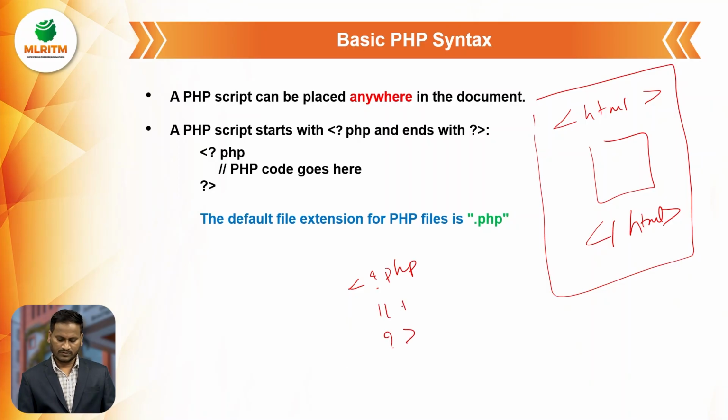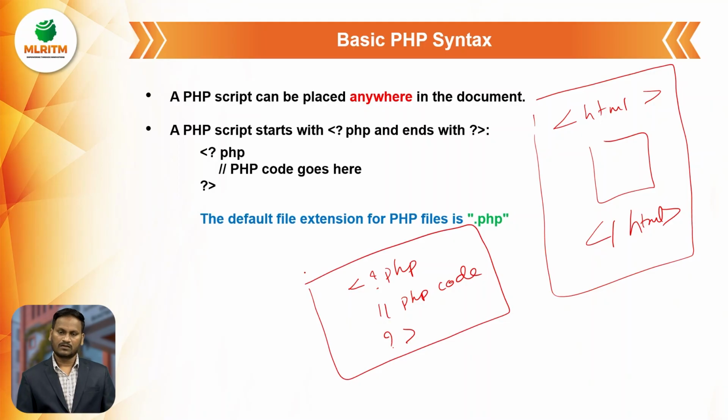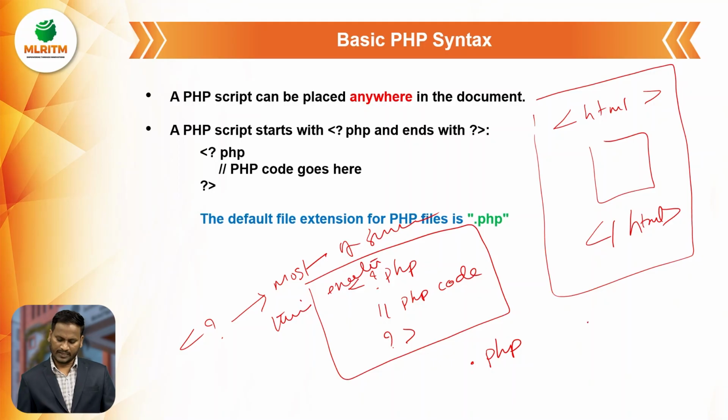Here we write the code for the body of PHP. Whenever we want to save a PHP file, we give the extension .php. Without writing php in the opening tag, most servers won't execute this format. So we have to write the full tag with php.